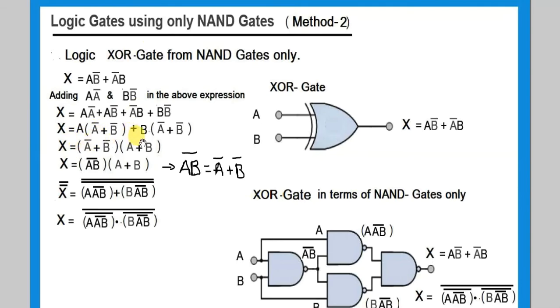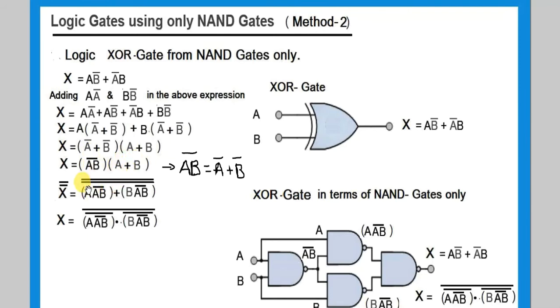The complement of the product of the variables is equal to the sum of the individual complemented variables. This is De Morgan's theorem, which is typical. So we can write it as (A plus B) times the complement of AB.